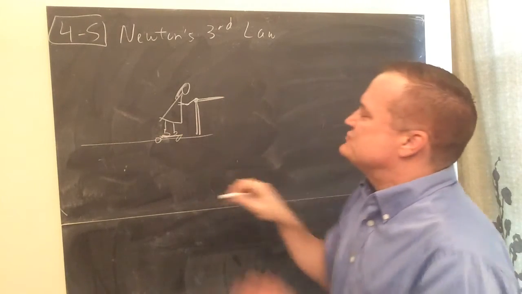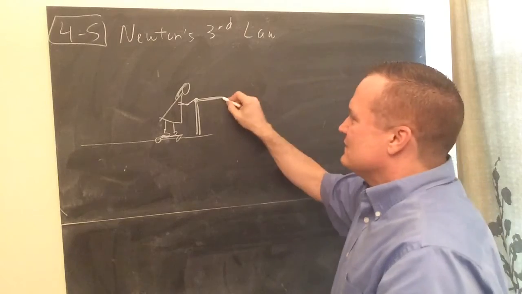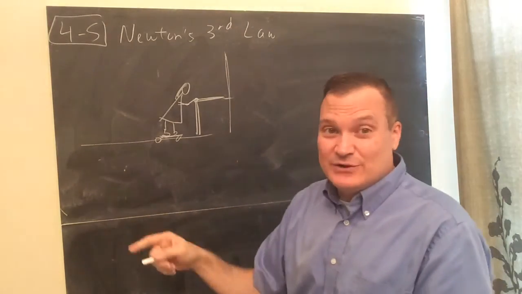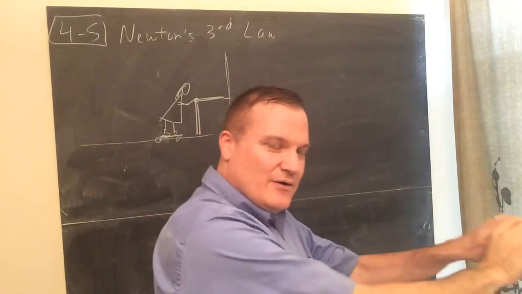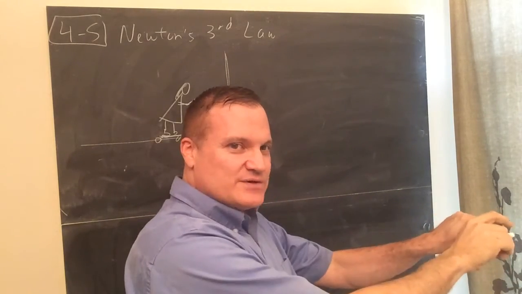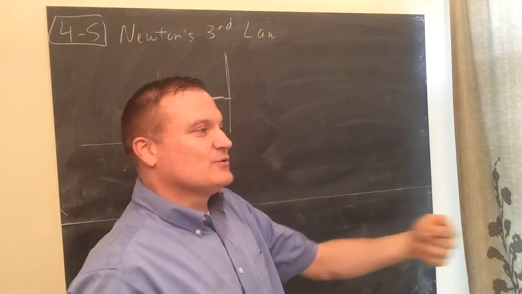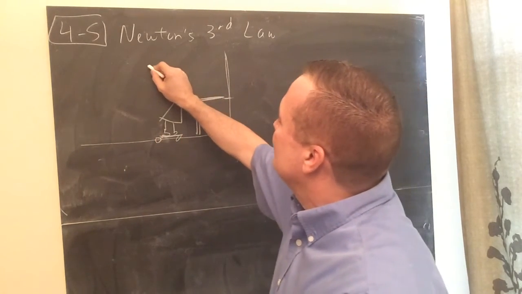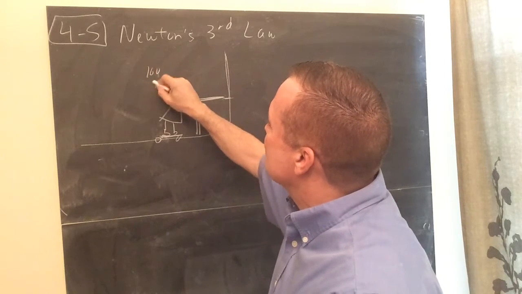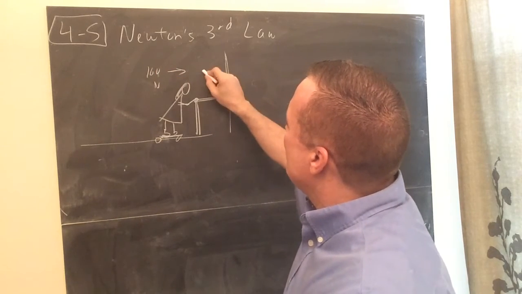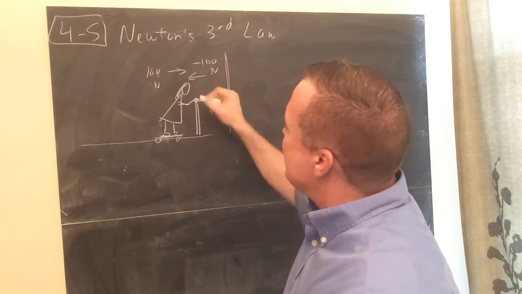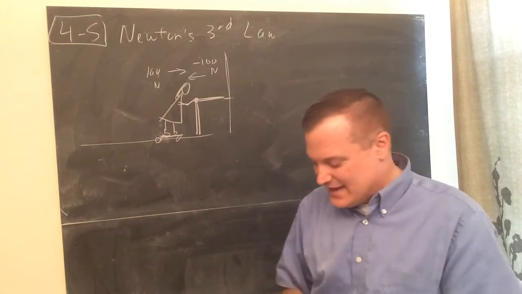If she pushes the rail, is the wall going to move? No, she's going to move. She's putting what we call the action force, but the reaction force is the rail putting that same force back on her. So she might put a 100 Newton force on the wall. The wall puts 100, or you might say negative 100 Newton force back on her. One will be positive, one will be negative.